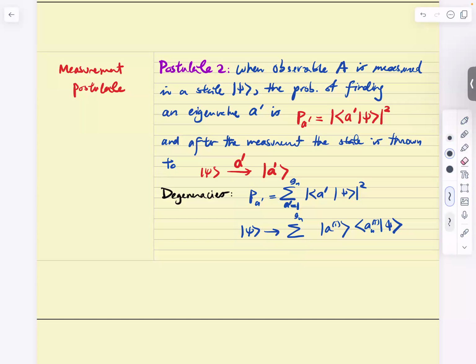Sorry about that. I want to make sure that you guys don't have to think too much about the change of notation. All right, so now that's Sakurai's notation. Good. So far so good.